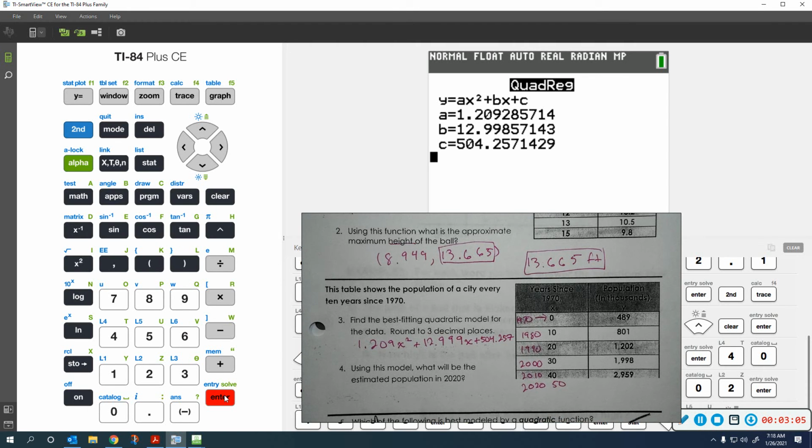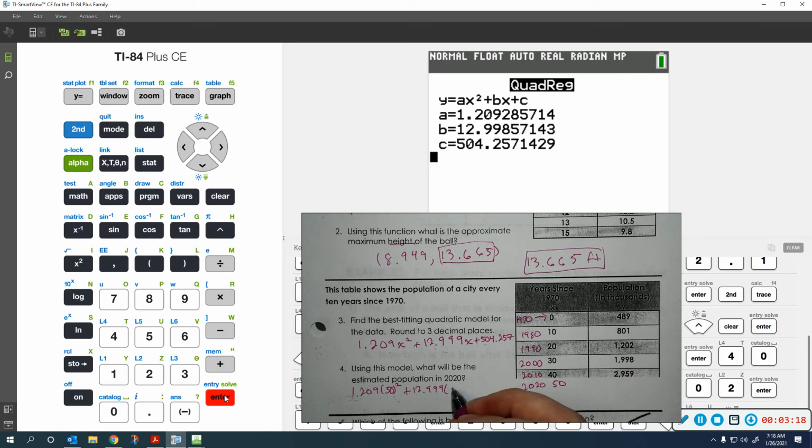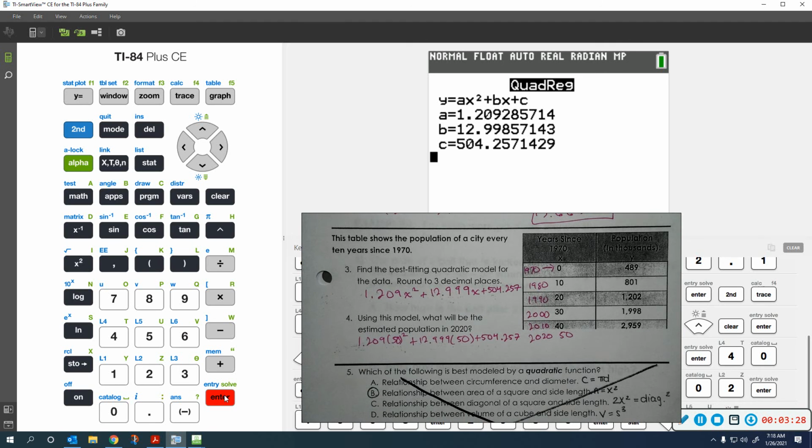So the first way, I'm going to just plug in 50 for x, which would be 1.209 times 50 squared plus 12.999 times 50 plus 504.257. And that's just plugging it in for your x.